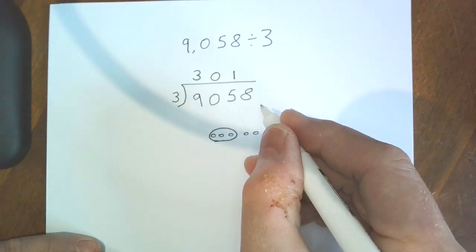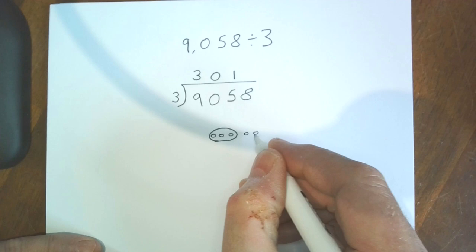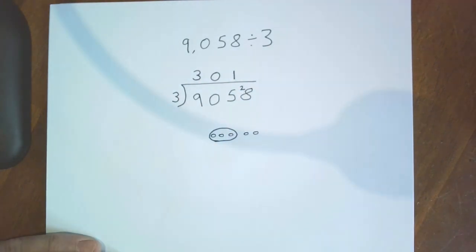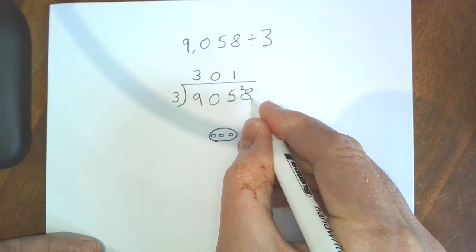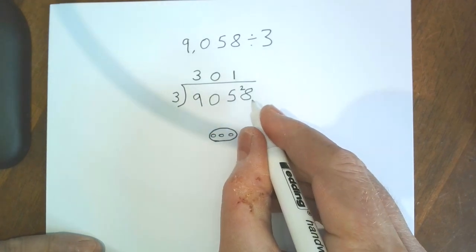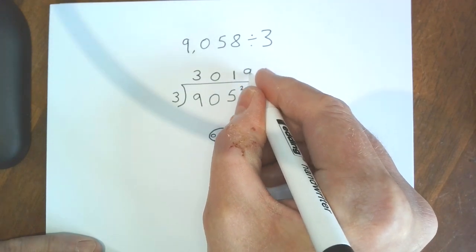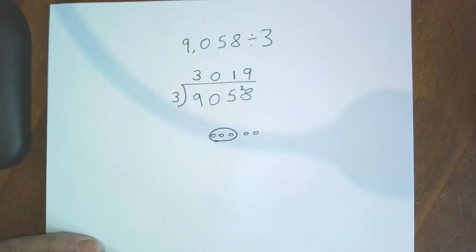And what I actually do in practice is the remainder of 2, I put it in front of the next digit. So that 8 now becomes 28. So now it's how many groups of 3 can I make out of 28 counters? Well, I know that 9 times 3 is 27.